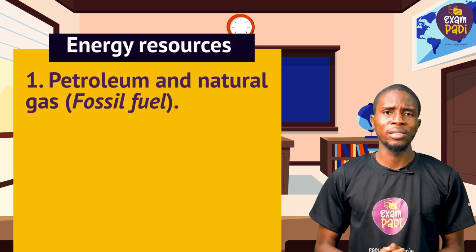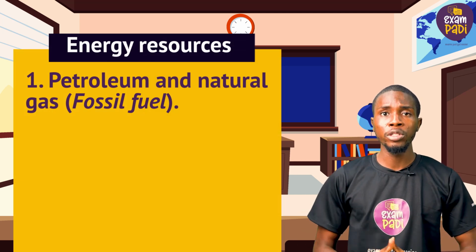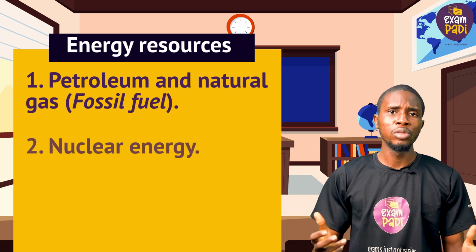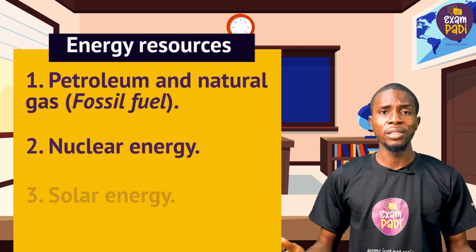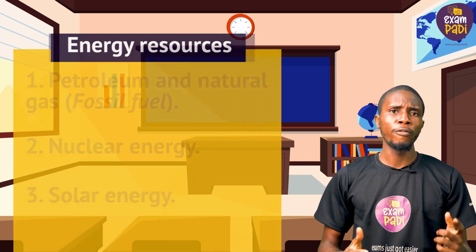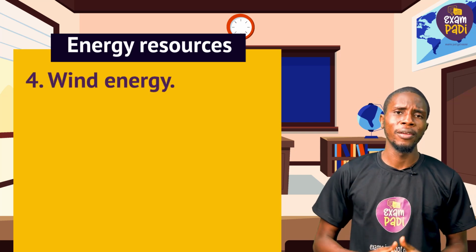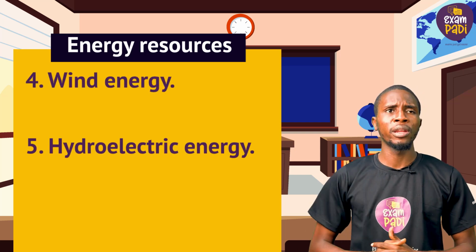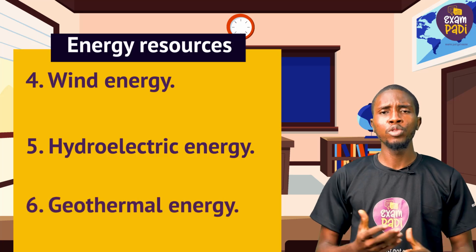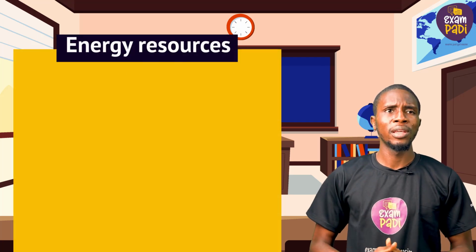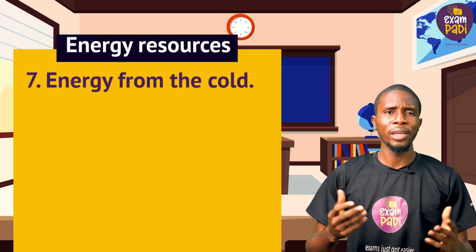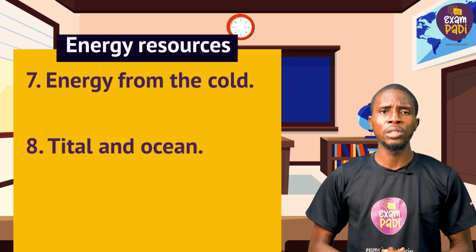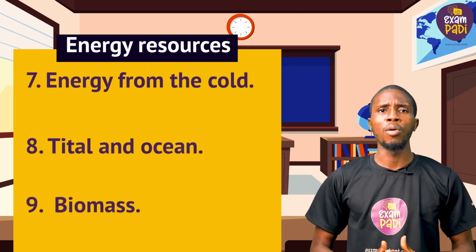Petroleum and natural gas, also known as fossil fuel. 2. Nuclear energy. 3. Solar energy. 4. Wind energy. 5. Hydroelectric energy. 6. Geothermal energy. 7. Energy from coal and wood. 8. Tidal and ocean energy. And lastly, biomass.